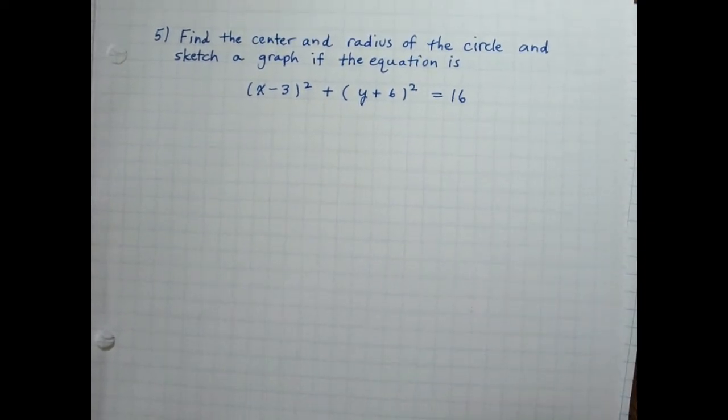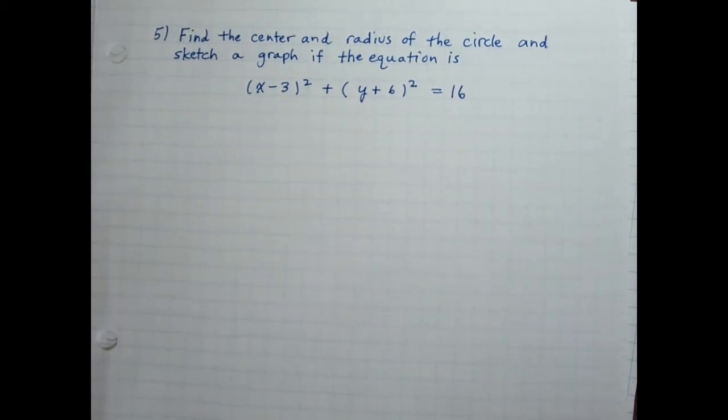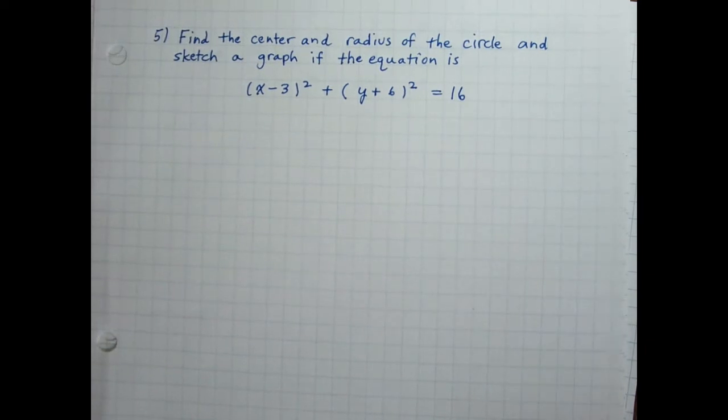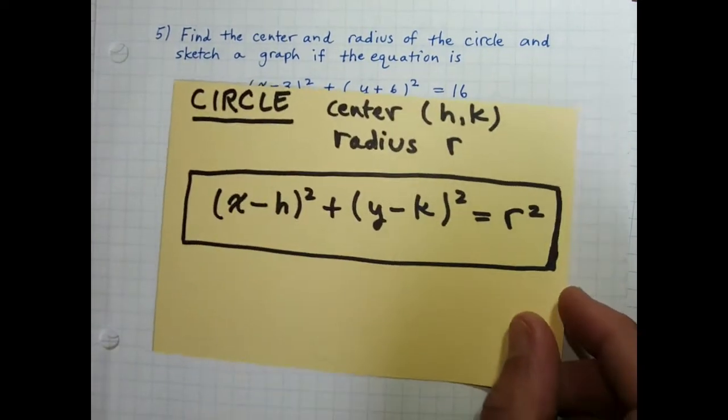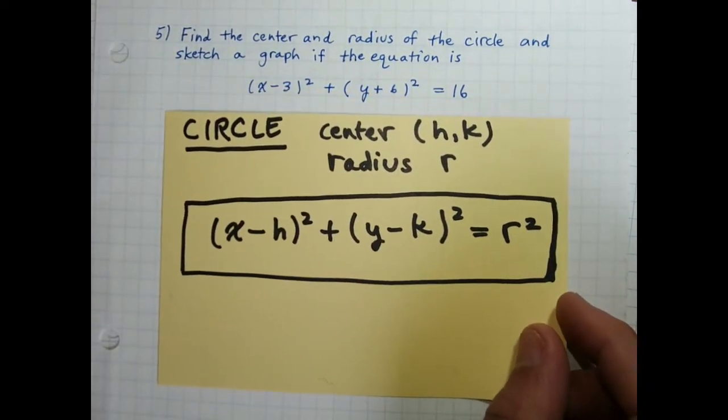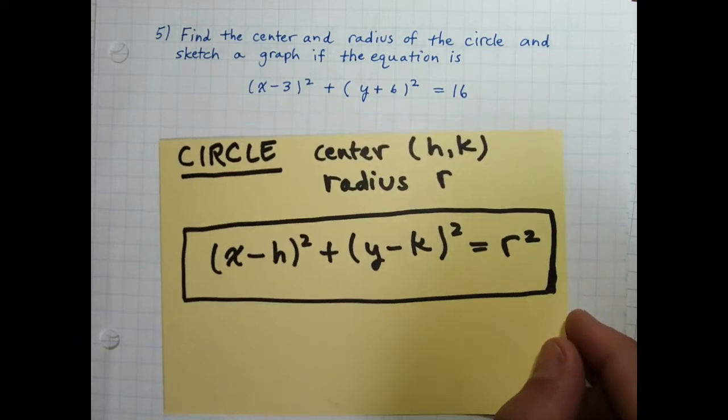Find the center and radius of a circle and sketch a graph if the equation is (x − 3)² + (y + 6)² = 16. So we want to get used to recognizing this general form of the equation of a circle.